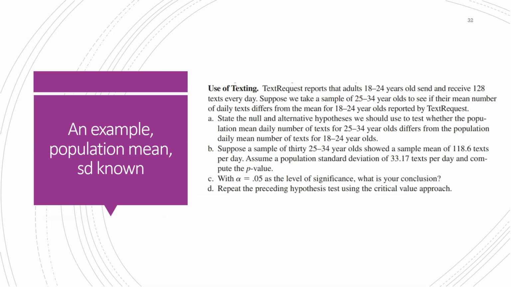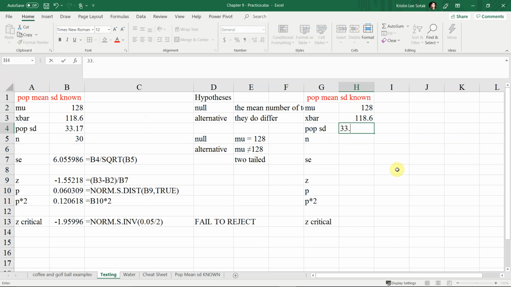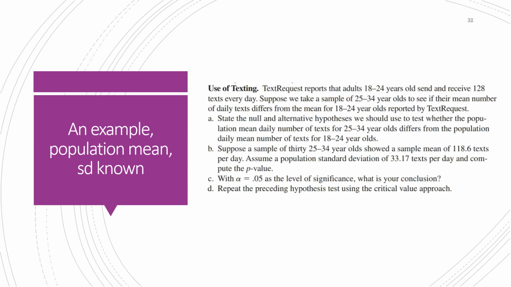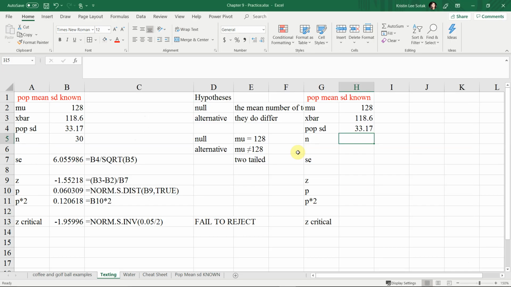What is the population standard deviation? That's given to us somewhere, 33.17. And what is n? That's given to us as well. A sample of 30. So I think now we have most of our information. What we do know, alpha is 0.05.